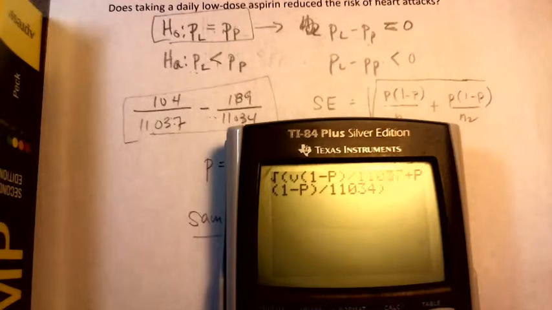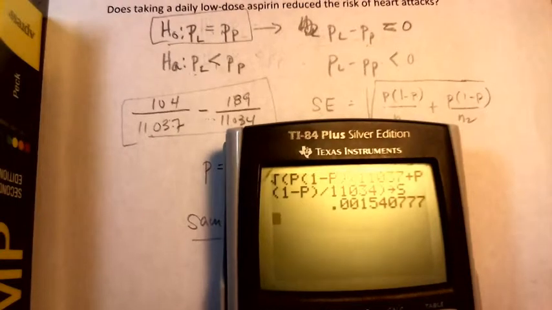That first thing I forgot to call p, so let's go back there and change that to p before I hit enter. I get something that looks like that. I'm going to take that whole mess and store that, and I'm going to call it the standard error, so let's store it as s. There it is. So that's my standard error, real small number.